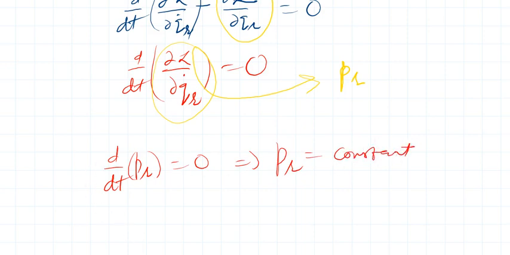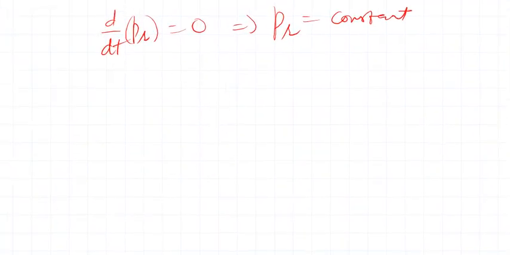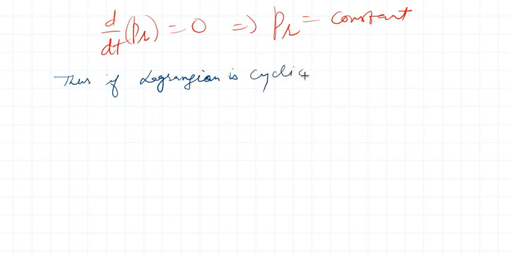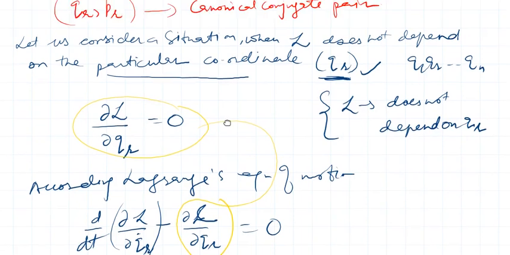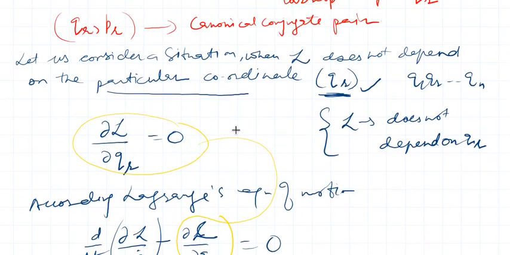Right? So let me summarize this result. If I say that for a particular Qr the partial derivative of the Lagrangian is 0, that means Qr is cyclic.